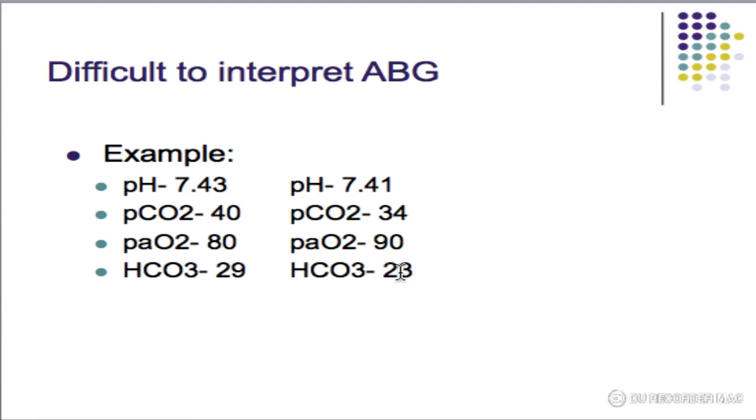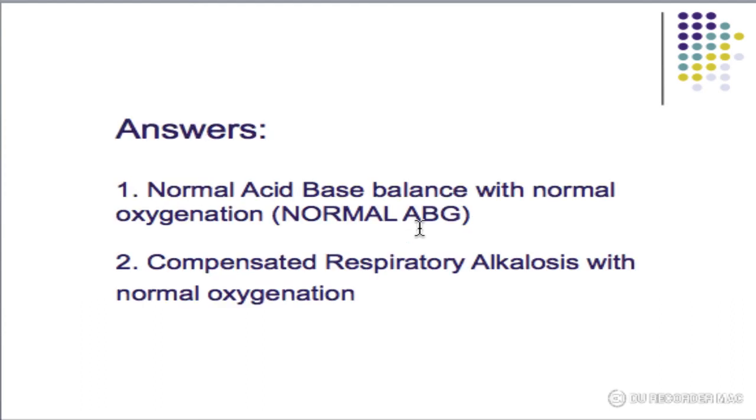'Di ba? 22 to 26 ang normal range ng bicarbonate mo or metabolic. Somehow, this is considered to be within the range and normal values. So it may appear to be uncompensated respiratory alkalosis. So answer: normal acid base, normal ABG.